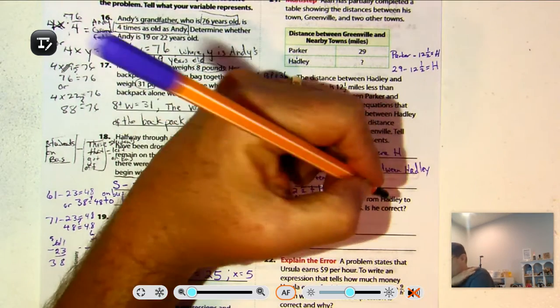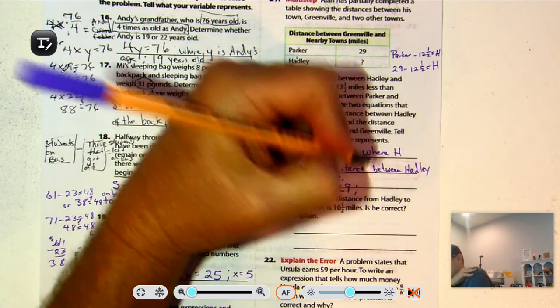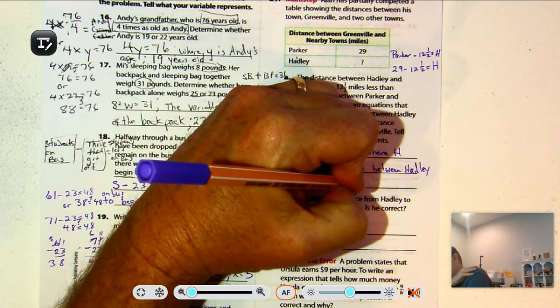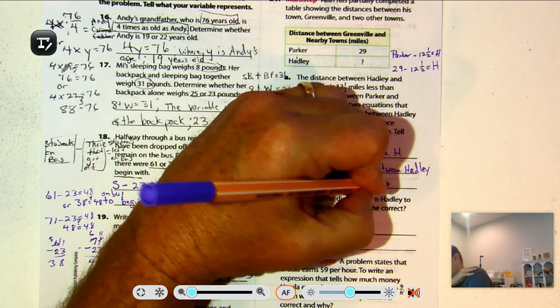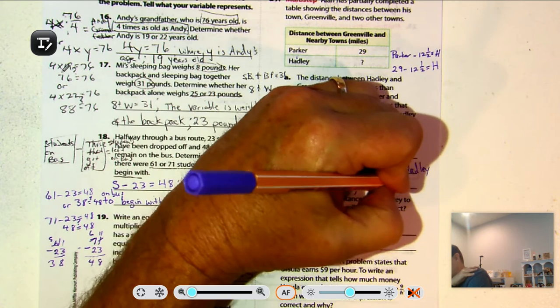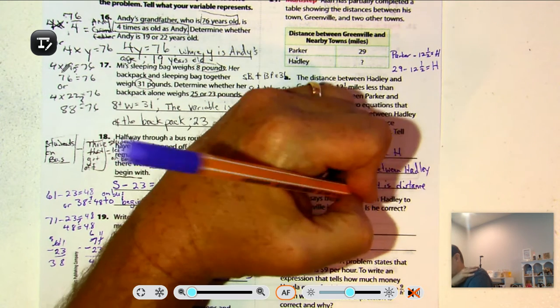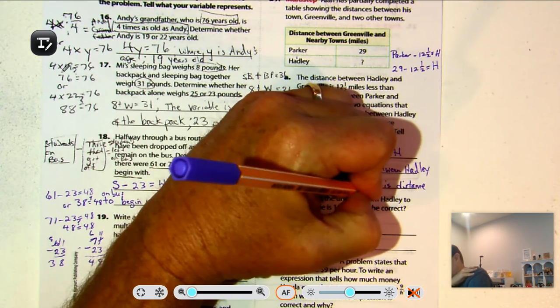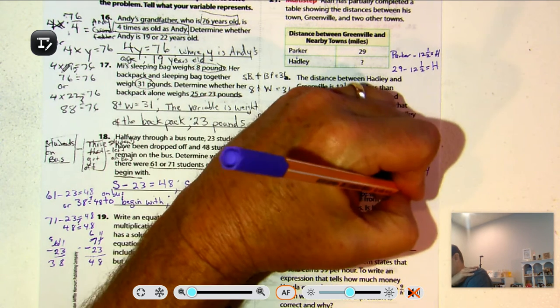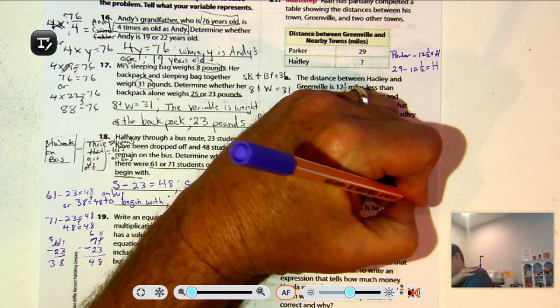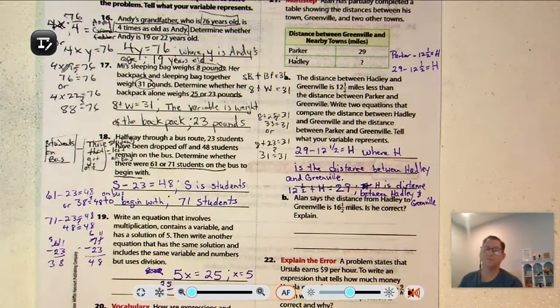So again, H is the distance between Hadley and Greenville.